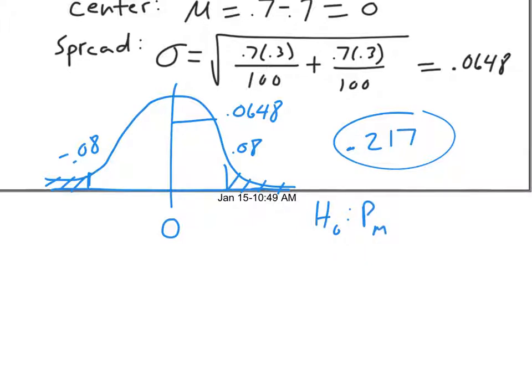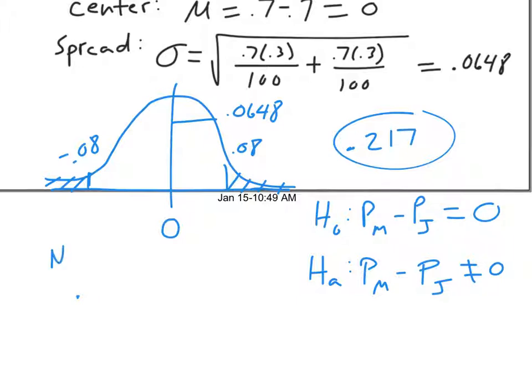Okay. Now for the last part, H0, which stated that the proportion of Michelle's students completing their homework minus the proportion of Julie's is 0. HA would say that. Okay. Now, should they be surprised to get this big of a difference? I'm going to say no, right?